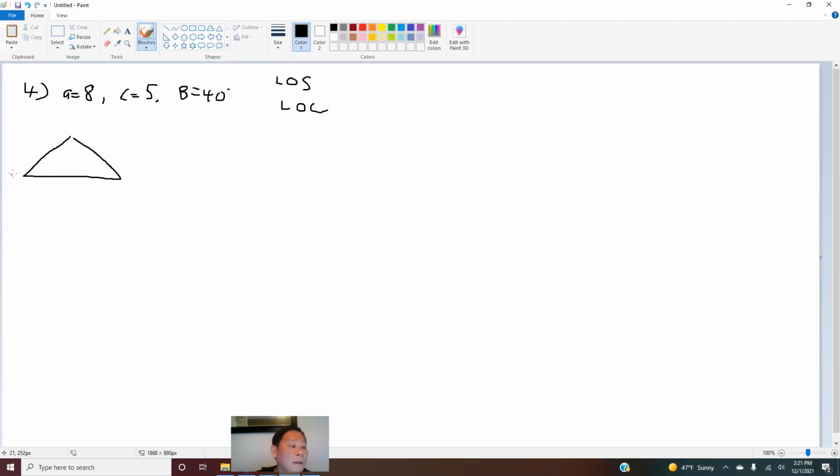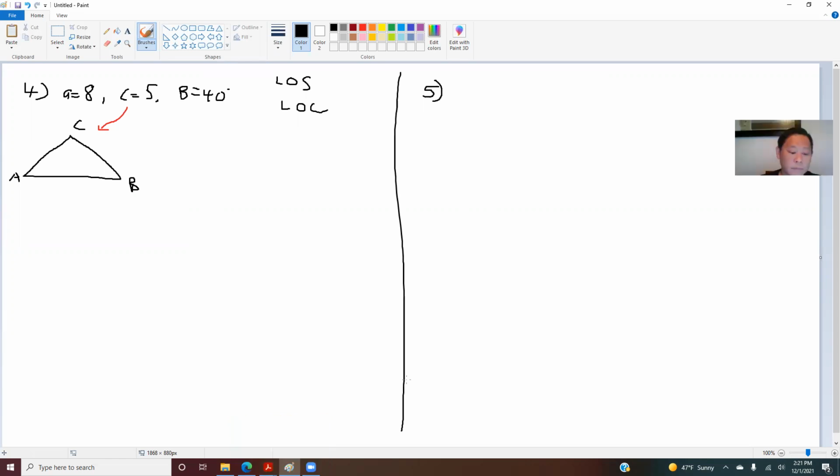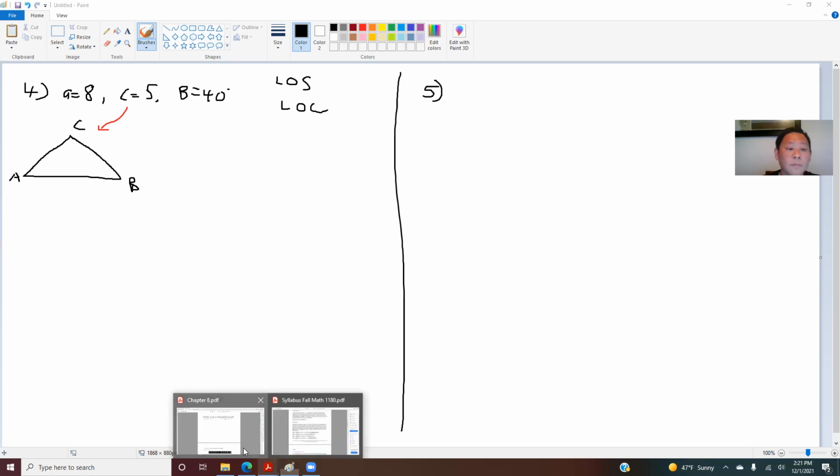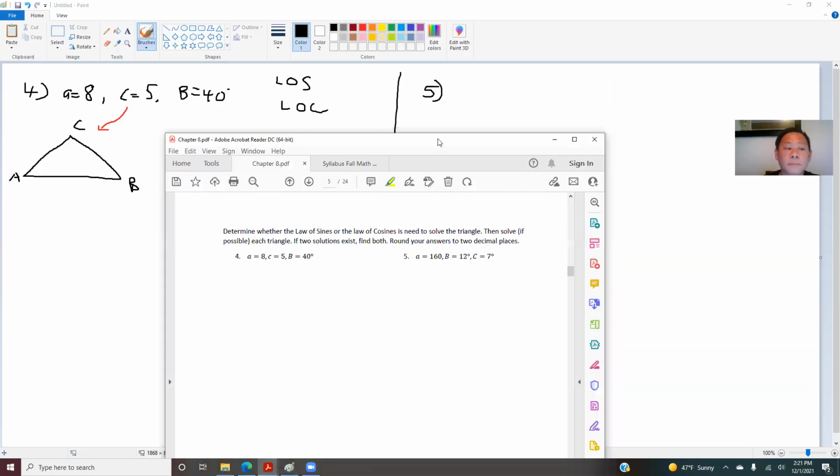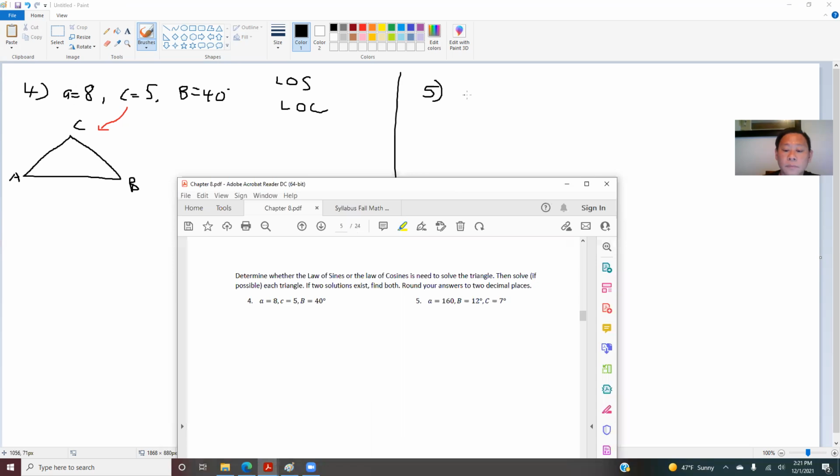Okay. Again, make sure you know how to label. This is A, B, and C. You can switch your angle ABC around, but make sure that when you switch around, the sides have to be switched. So anyone know how to label this triangle?